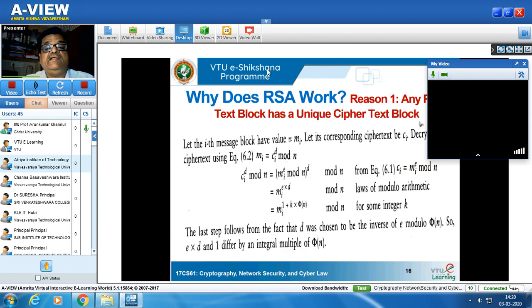Now we shall see reason 1. Any plain text block has a unique cipher text block. Let the ith message block have value mi. Let its corresponding ciphertext be ci.